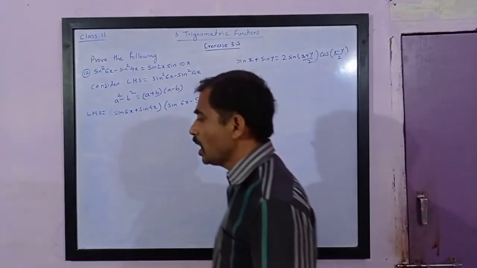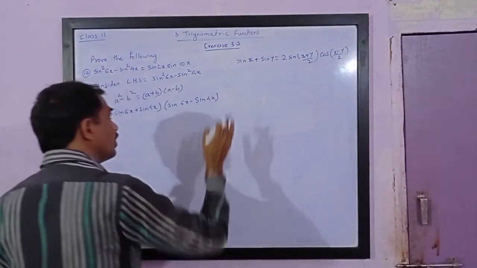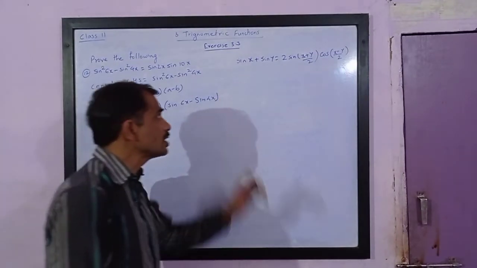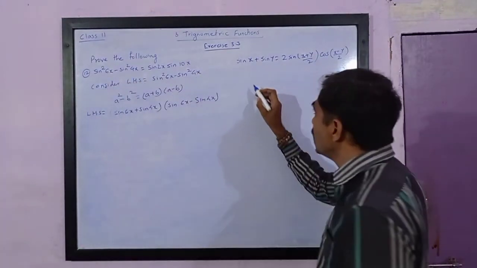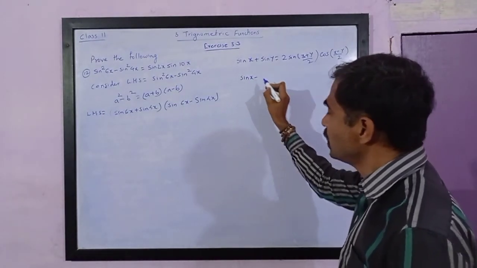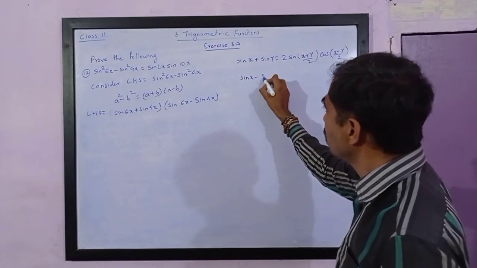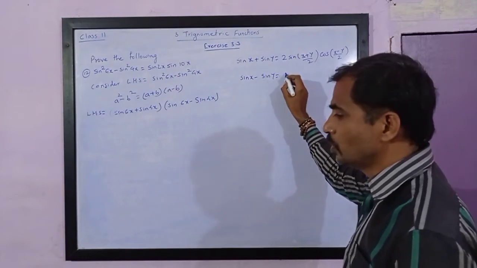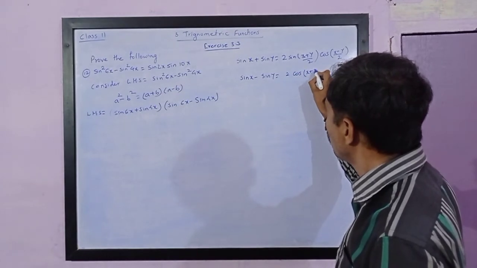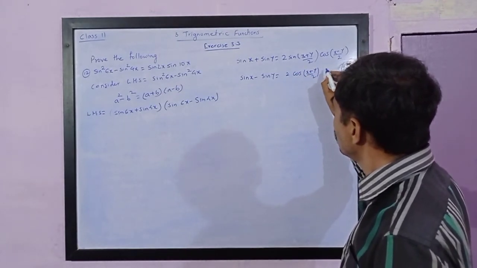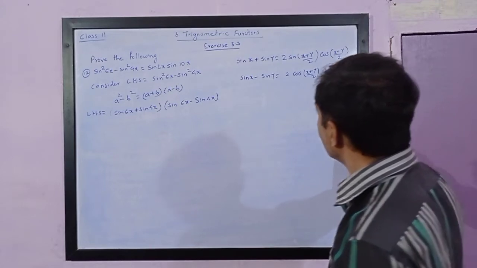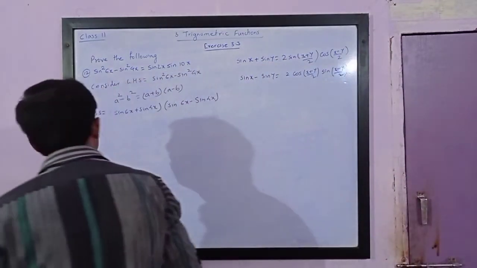And for sin x minus sin y also we have studied: sin x minus sin y is equal to 2 times cos of x plus y upon 2 into sin of x minus y upon 2.